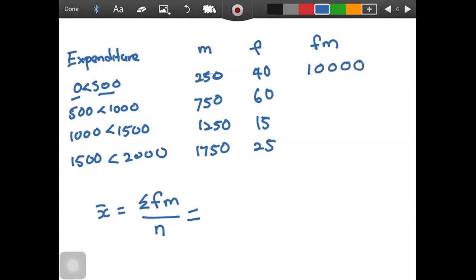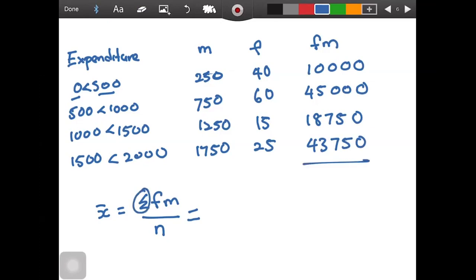Then 750 times 60 gives 45,000. Then 1,250 times 15 will be 18,750. And 1,750 times 25 will be 43,750.